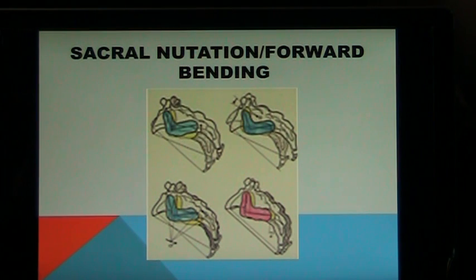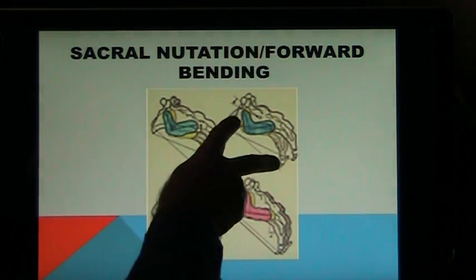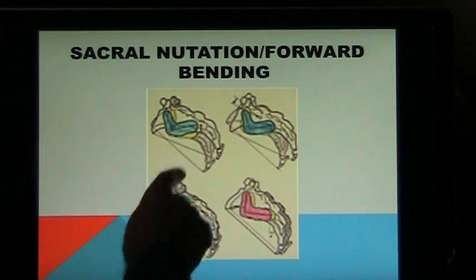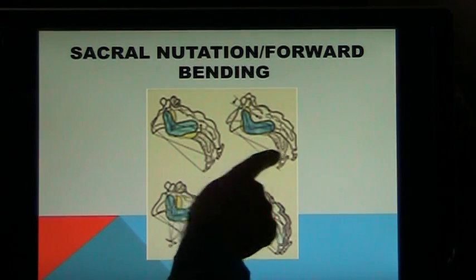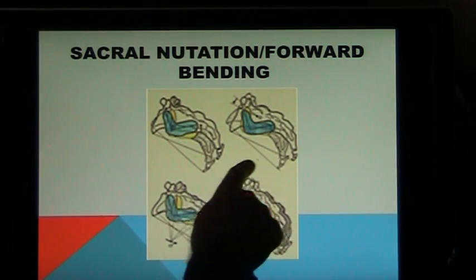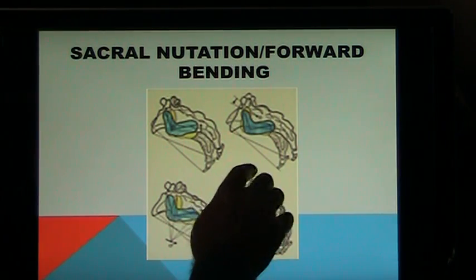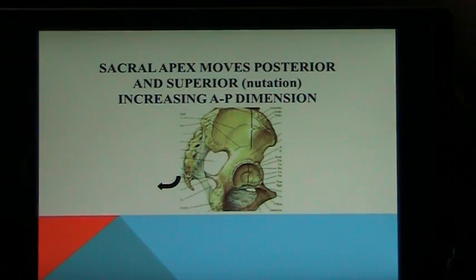Okay? And this is sacral nutation described a little more. This is Kapandji's book, and in nutation, any of the blue ones, the top of the sacrum goes in and the bottom goes out, and this would increase the anterior-posterior dimension of the pelvic outlet.